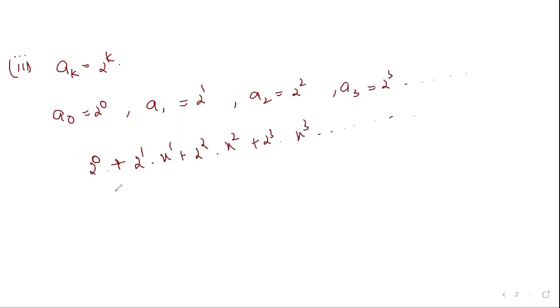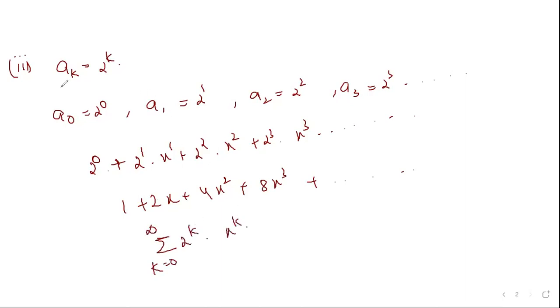So this can be written as 1 plus 2x plus 4x square plus 8x cube, and you understand the problem. Or we can write it in sigma notation as the sum from k equal to 0 to infinity of 2 power k into x power k. What are we doing basically? To this ak, we are adding the sigma from k equal to 0 to infinity and multiplying it with x power k. That's it.